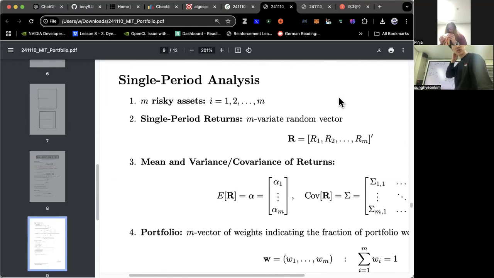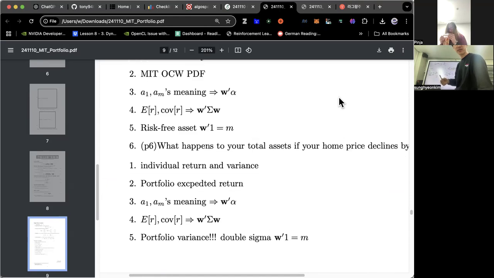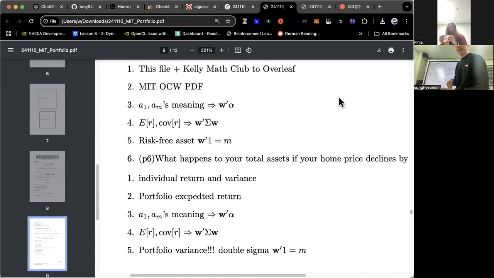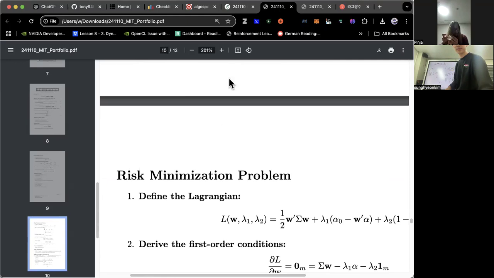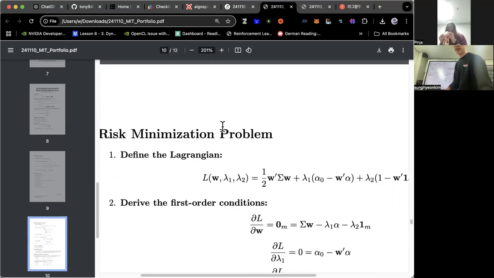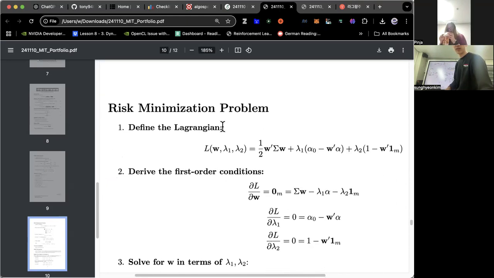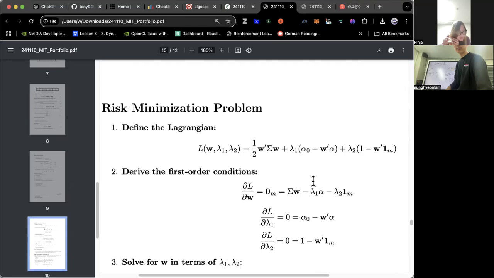And we usually do single period analysis, and there will be a lot of A1 to AM. What we should do is find W prime, which is the optimal rate that can maximize return. And when we formalize everything, we can then define it by Lagrange.